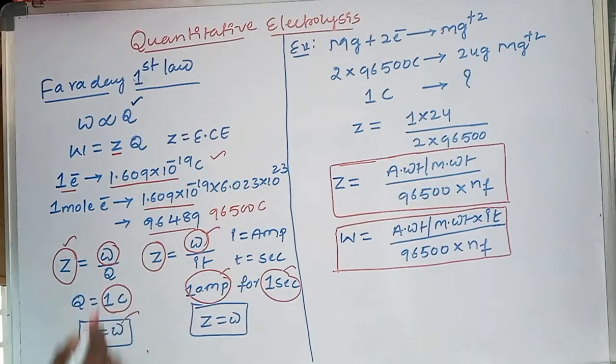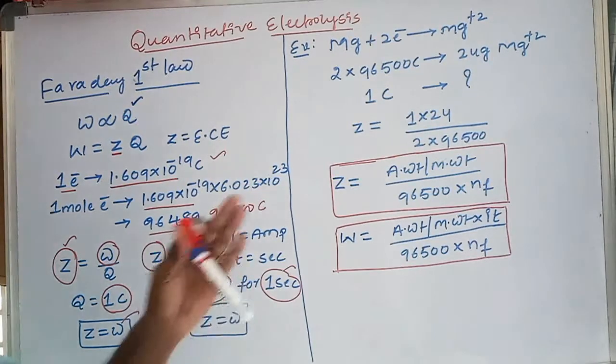Similarly, if I equals 1 ampere for 1 second, then Z equals W, the electrochemical equivalent. Let me take one example.